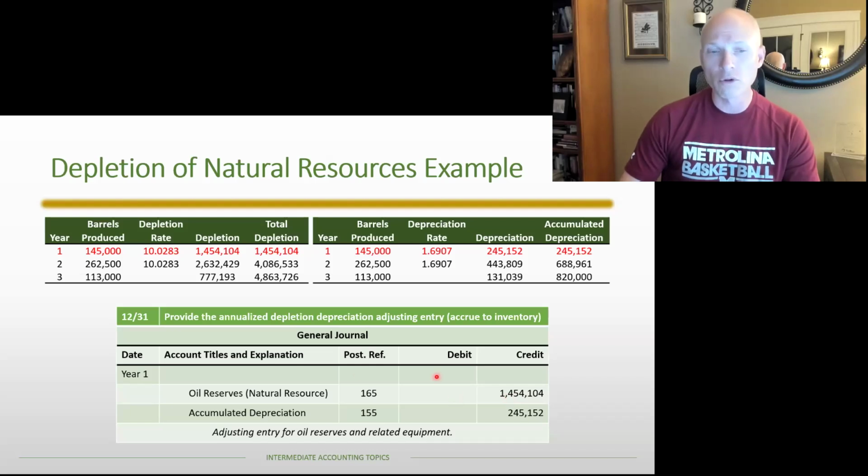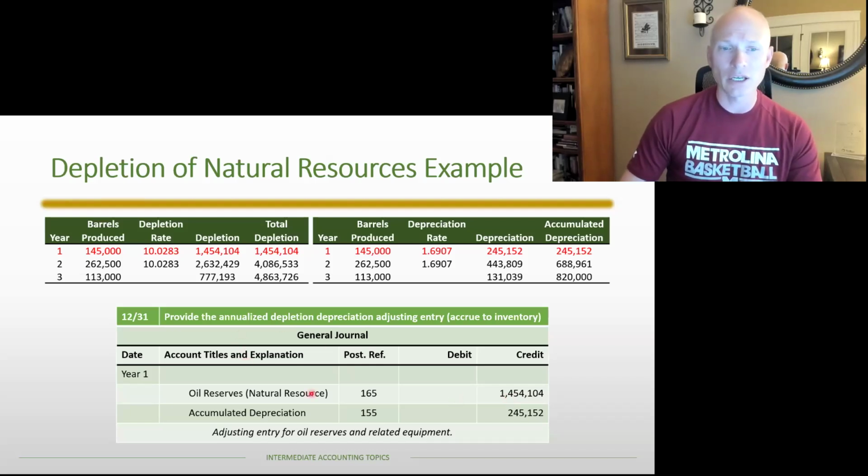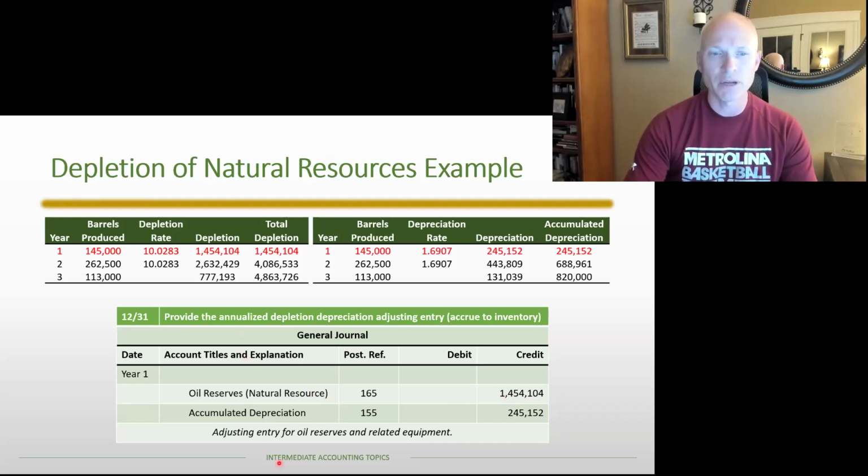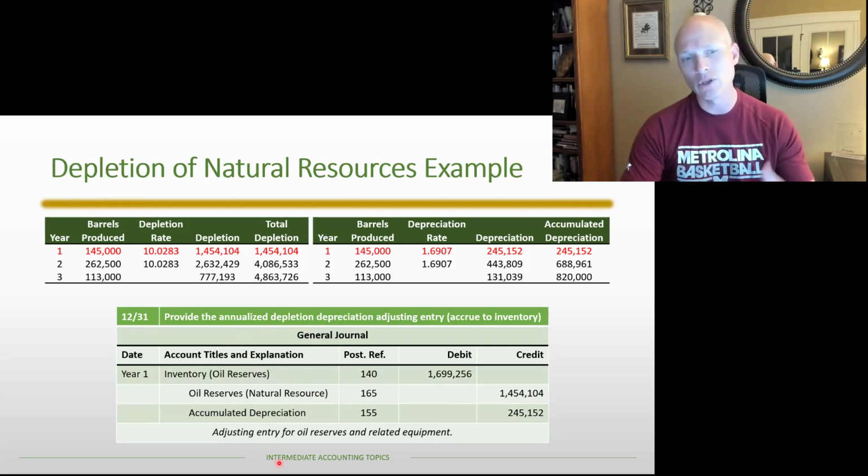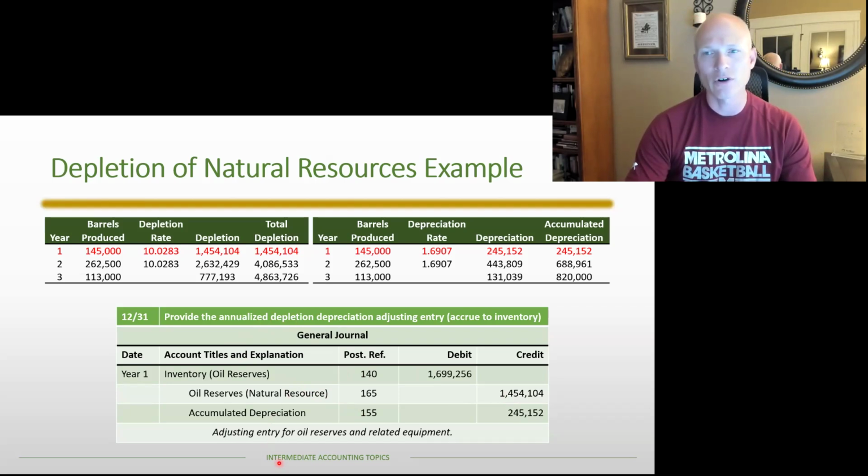Normally you would have some sort of expense sitting here, but under US GAAP, instead of expenses, you roll it into an inventory account. And then eventually, when you sell the inventory, that's when you have cost of goods sold. In the second year, of course, the same accounts, but different amounts. And then again in the third year, same accounts, but different amounts.